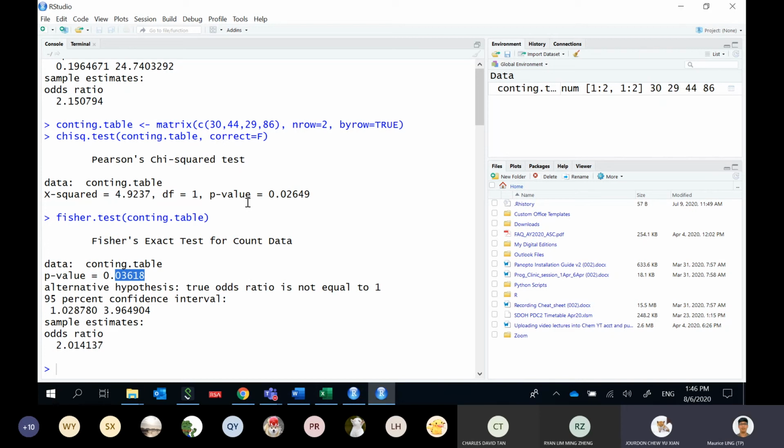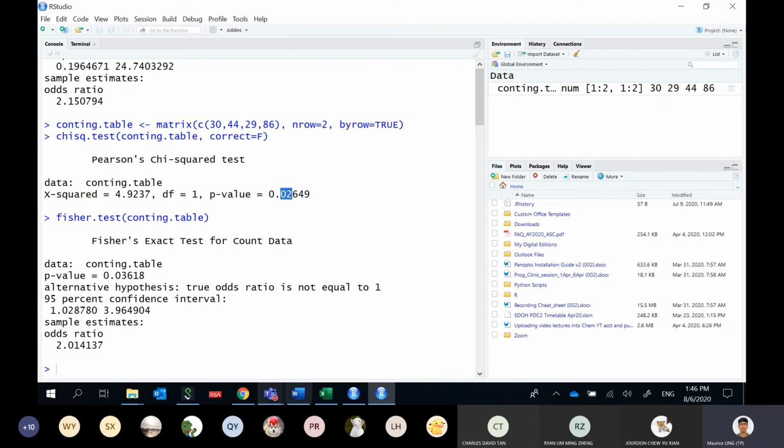Can. Why not? Yes, possible. That's why you have to know why you are using chi-square and why you are using Fisher exact test. So it is possible. Let's say the p-value for chi-square is 0.043, your Fisher exact test is going to give you 0.05.